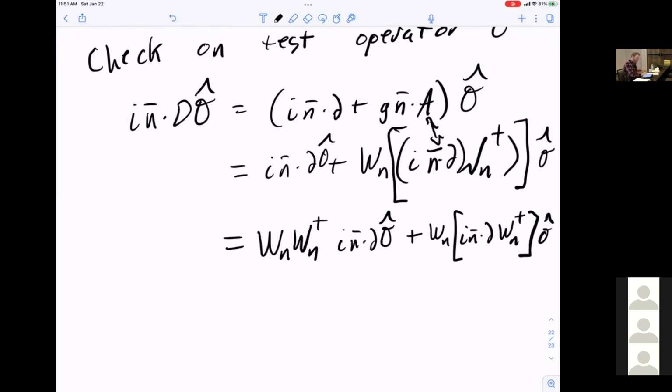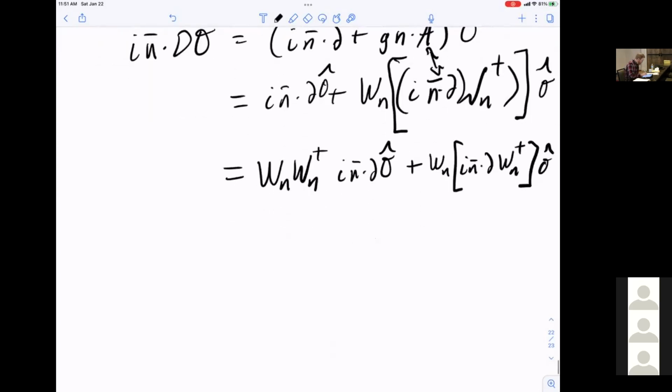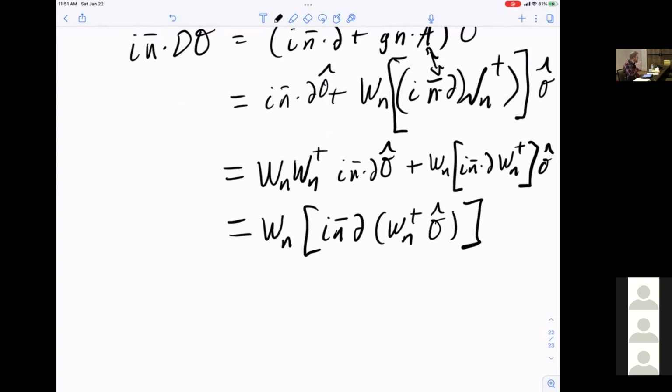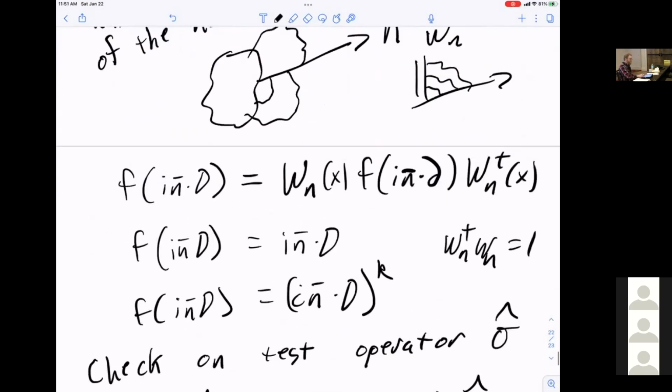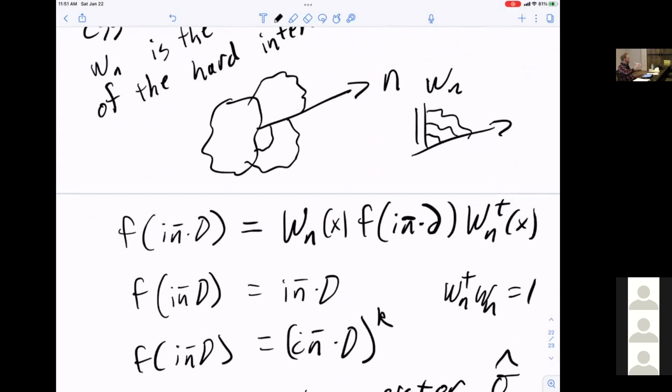So now I've just inserted 1 in front of this, like so. Where now I'm just using Leibniz rule. Because in this above equation, I should always think of this F as acting on some test operator.